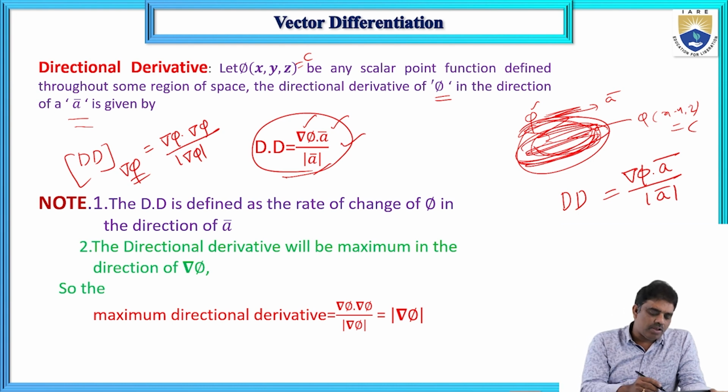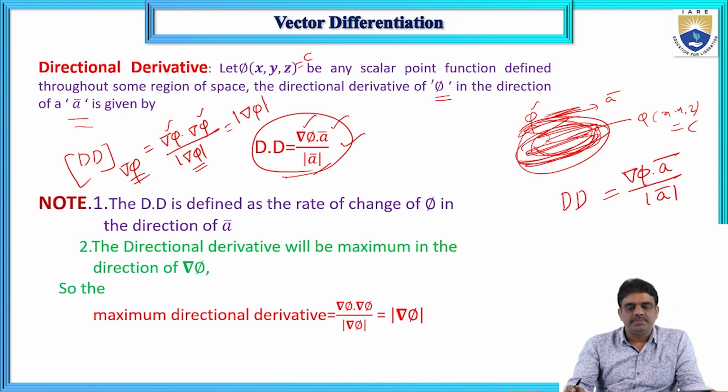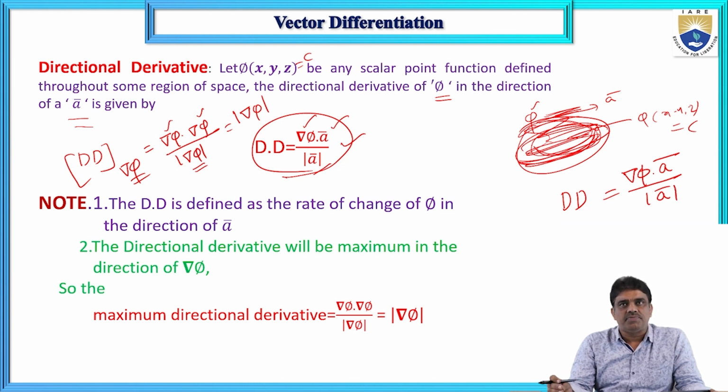What is the maximum value? Grad phi dot grad phi, the dot product of two vectors, by the magnitude of grad phi. Another point we have seen is that the directional derivative is the rate of change of phi, where phi is any surface, in the direction of a bar.